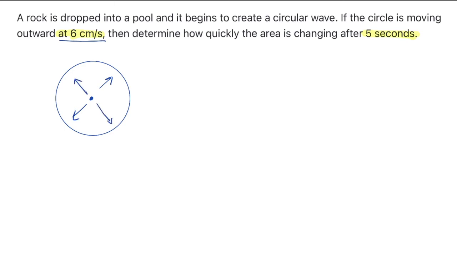Okay, and the rate at which this wave is moving is going to be a change in the radius. So the radius of this circle, we're going to call that r, and the rate of 6 centimeters per second is going to be dr/dt, which is 6 centimeters per second.